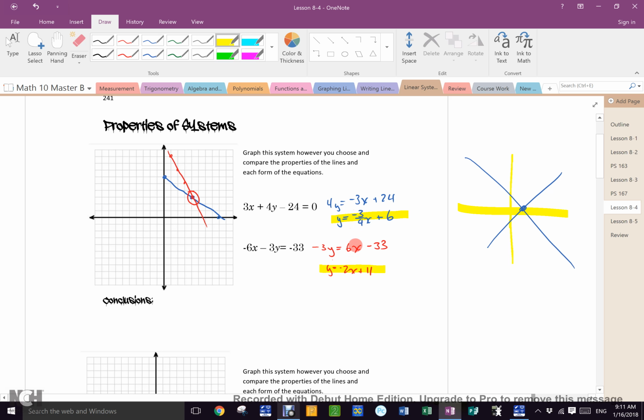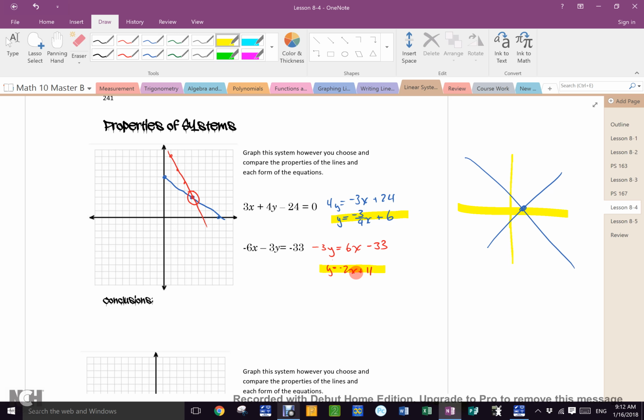What is it about those 2 highlighted yellow equations that prove, without graphing, that they have to cross somewhere? Well, you only know 2 things about each of those equations, don't you? What are the 2 things you know?